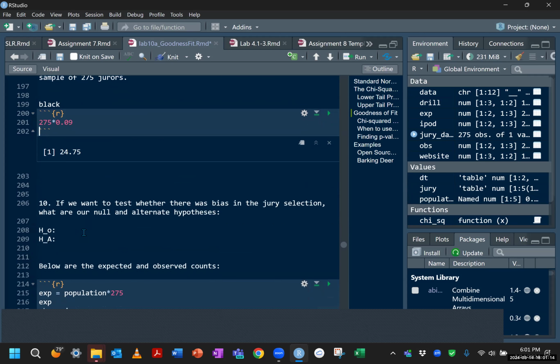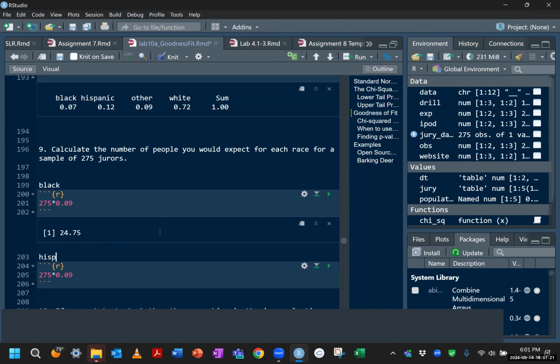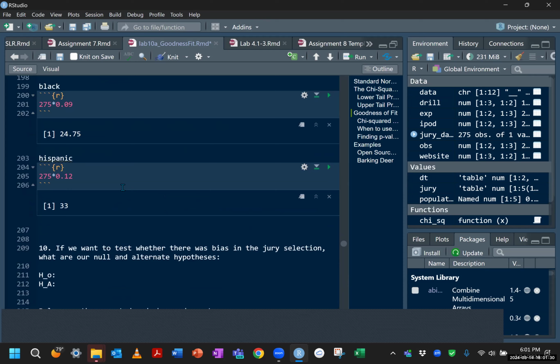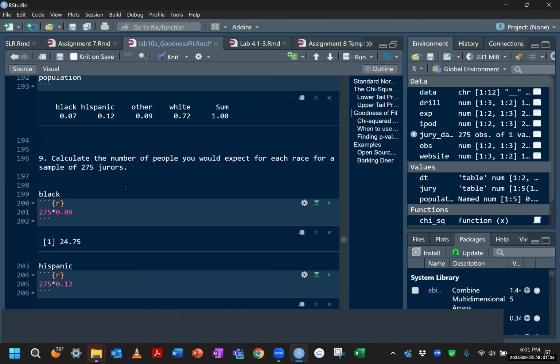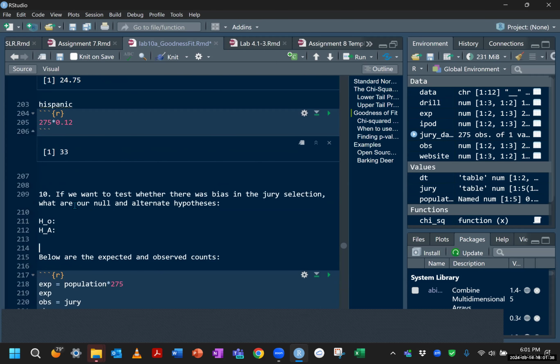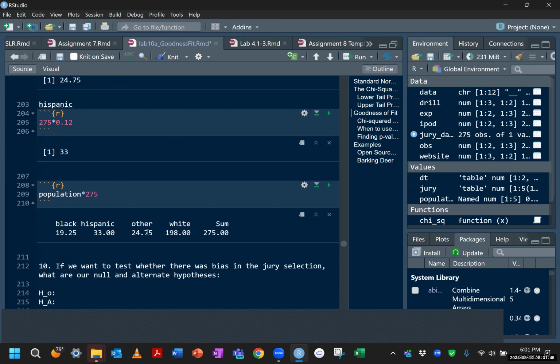So I'd expect to get about 19. Let's do that for Hispanic. 12% of 275 will be how many we expect to be Hispanic, and so on. I'm going to be fancy. If you see the pattern, I can just say population times 275, and that'll give me my expected counts.